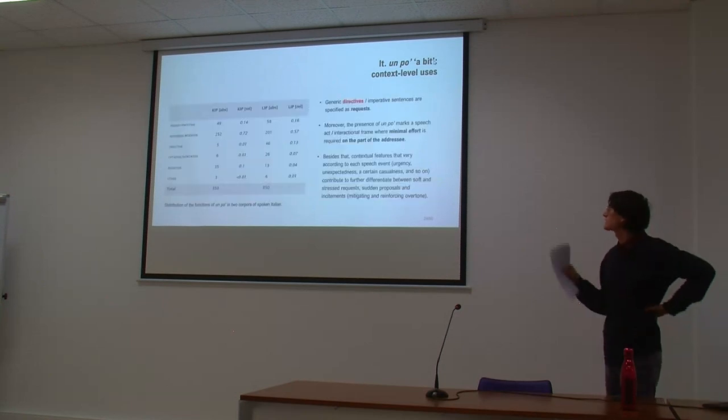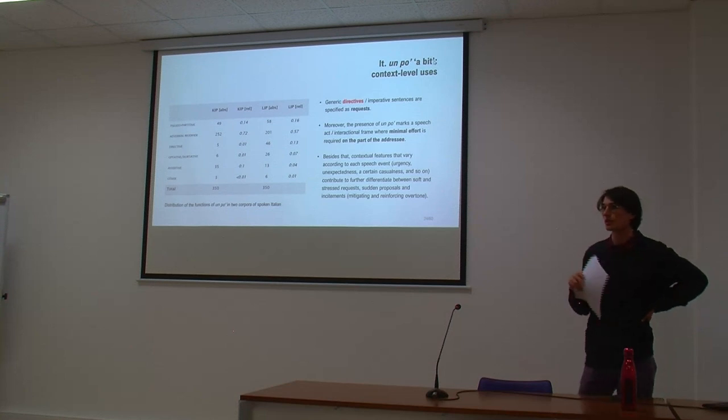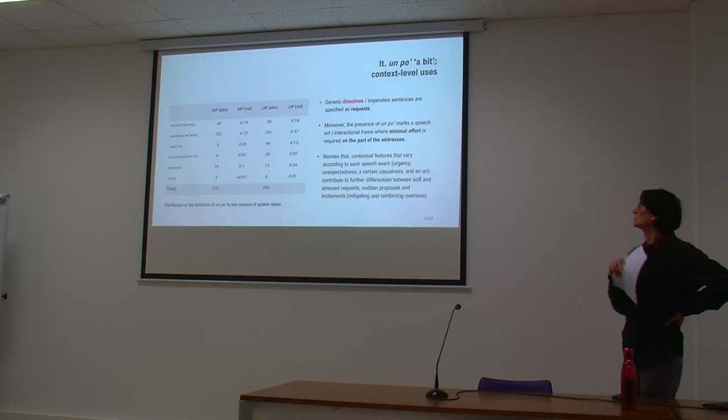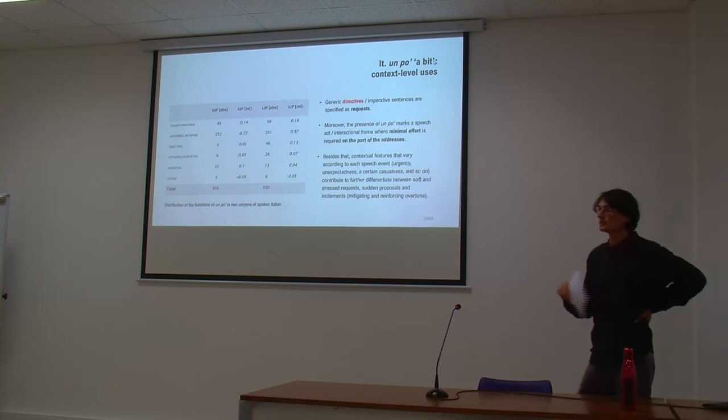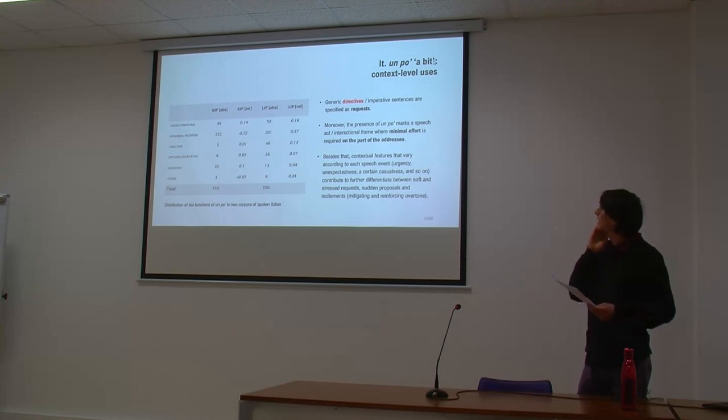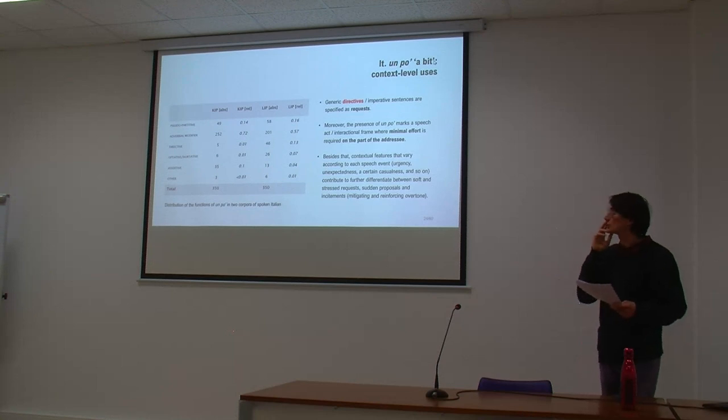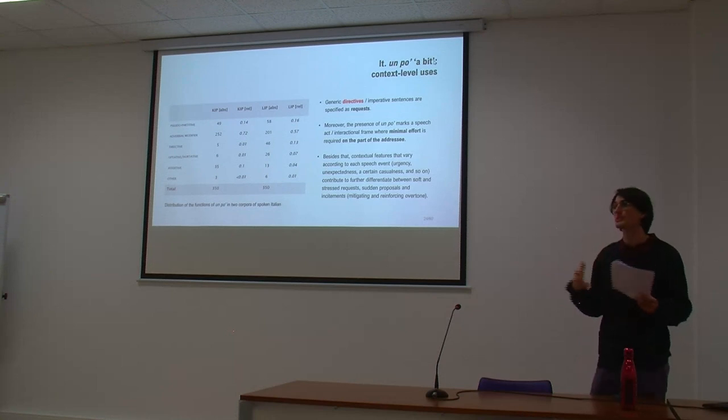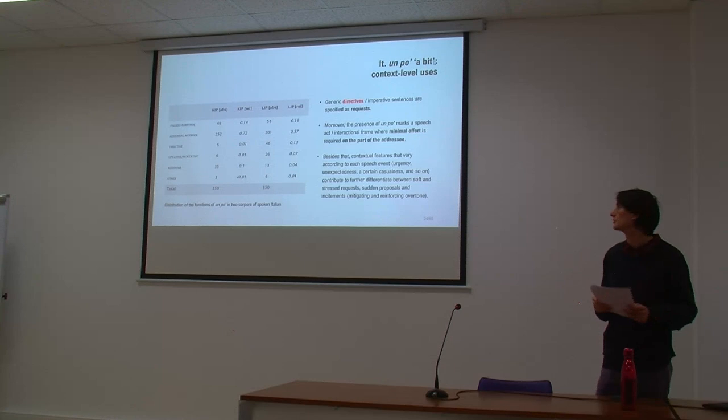These examples are taken from a corpus survey that I started when I was doing my PhD, and that I'm continuing now that I'm doing the postdoc. I extracted examples from two different corpora of spoken Italian, which should represent a database of examples for a qualitative analysis.